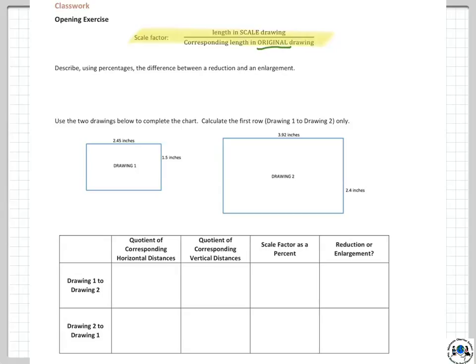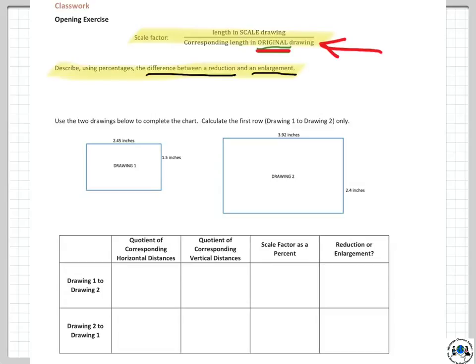And again, always remembering that original sits in the denominator, because it is the one we are comparing to. But again, in this lesson, the "original," quote unquote, is going to be changing.